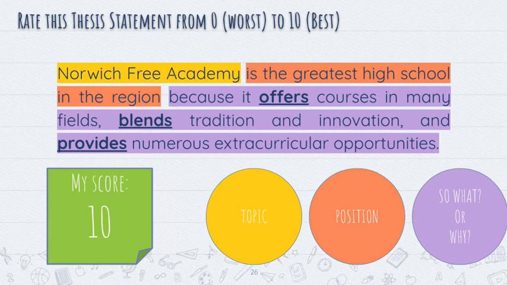If you read this out loud again, it flows so much more nicely and it's so much more clear. Okay, so try to use parallel structure. If the first part of a reason begins with a verb, then the rest of them should begin with a verb. If the first part of a reason begins with an adjective, then the others should also begin with an adjective.